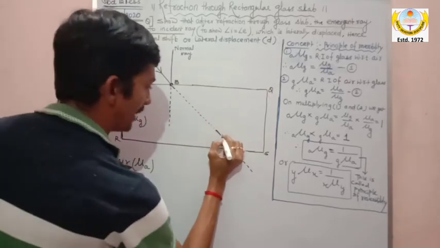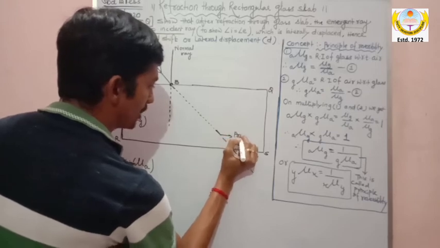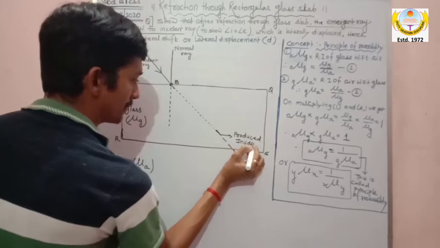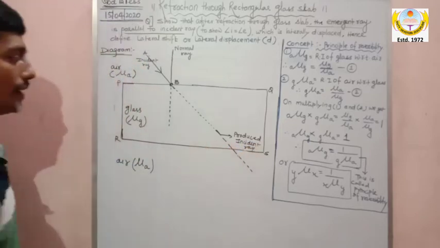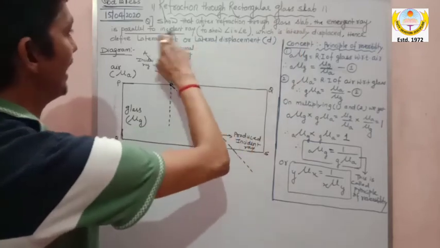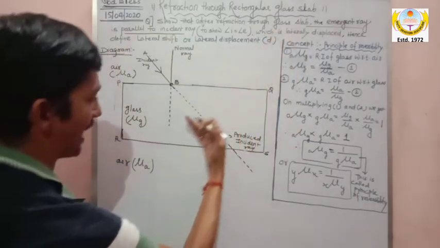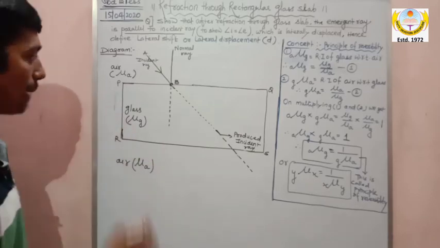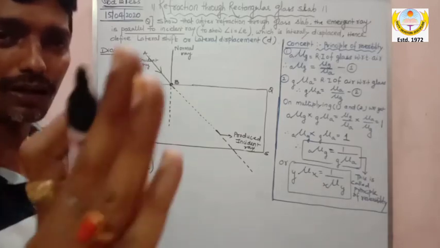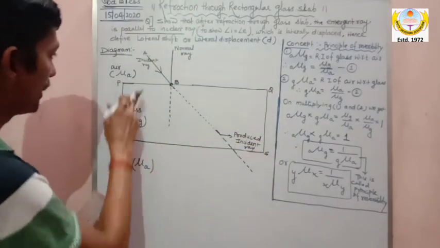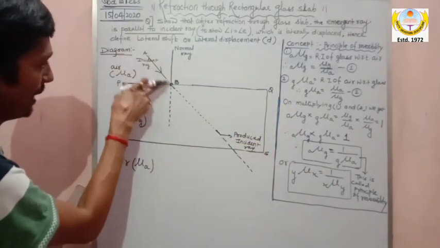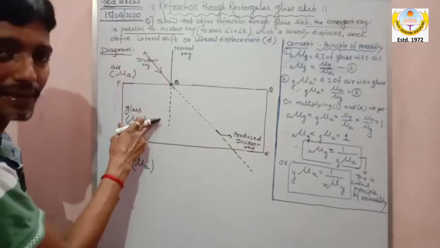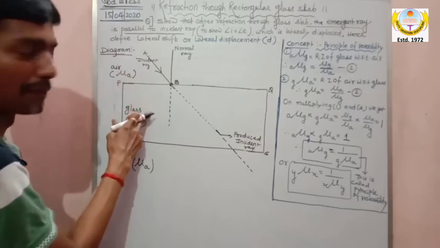So here I am writing produced incident ray, and this produced incident ray is laterally displaced. That's a question. So my dear, my first concept to you all, please आप यहाँ देखो. Now when the light, incident ray AB, is coming from air to glass, that is from rarer medium to denser medium.